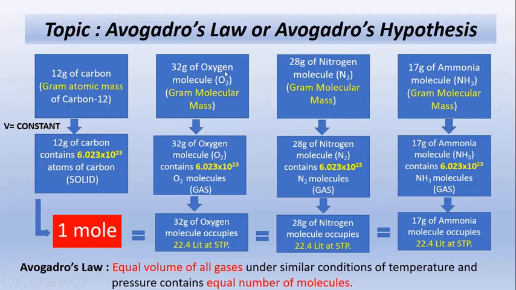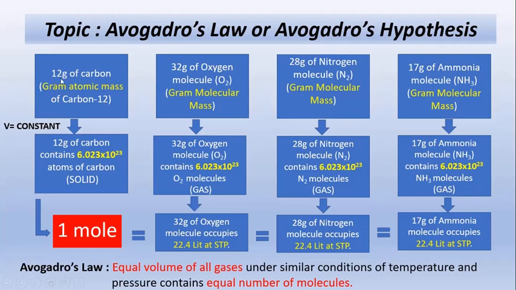Similarly, 32 grams of oxygen molecule, which is nothing but gram molecular mass of oxygen, which is equal to 1 mole. So 28 grams of nitrogen molecule, nothing but gram molecular mass of nitrogen, which is equal to 1 mole. Similarly, 17 grams of ammonia molecule, which is nothing but gram molecular mass of ammonia. All these vessels are equal to 1 mole. Remember, that's what the 1 mole is.